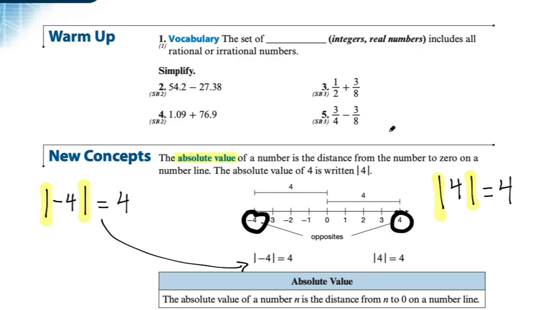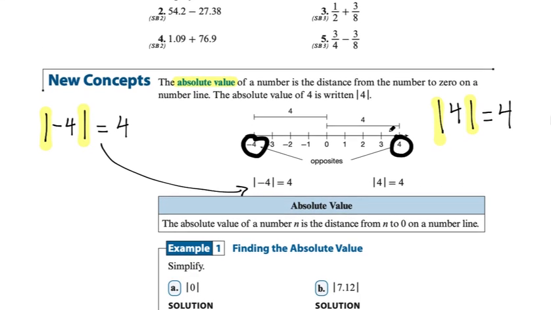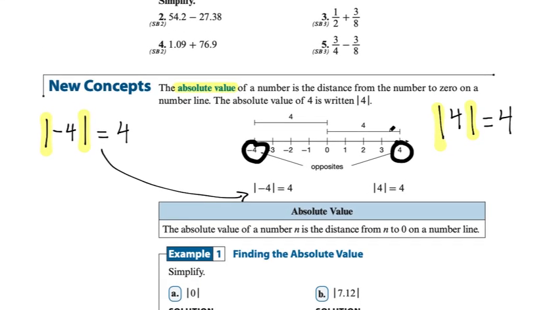So with the concept of absolute value out of the way, let's take a look at some of these examples at the bottom. What's the absolute value of 0? How far is 0 from 0? Well, it's no units away, so it's 0. How far is 7.12 from 0?